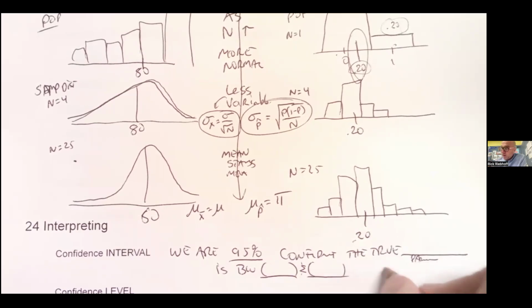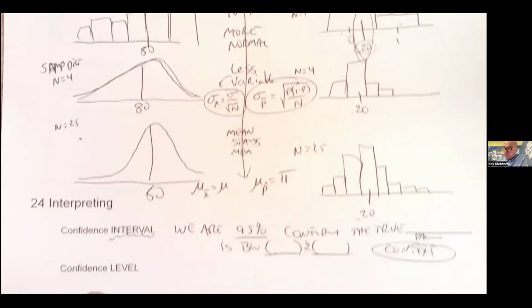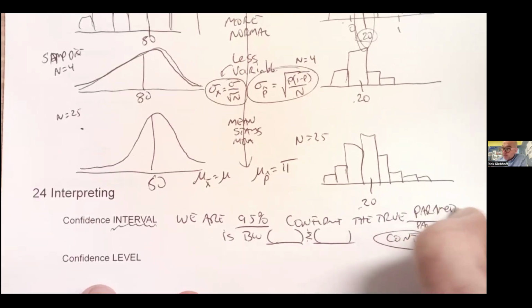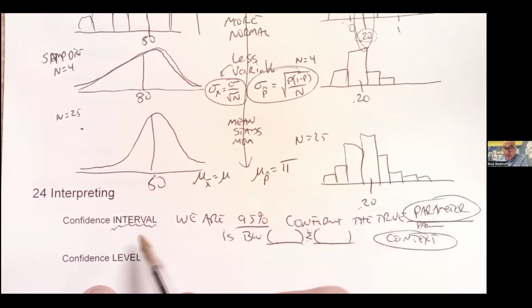Always have your context in there. Context is important. So that's interpreting the interval itself. This is your interval, low end, high end. And this has to be your parameter. It's not the sample. We know the sample mean is inside that interval. We know the sample proportion is inside that interval. It's smack dab in the middle of the interval. What we're looking for is the population mean or the population proportion in the middle of that thing. So that's the key there.